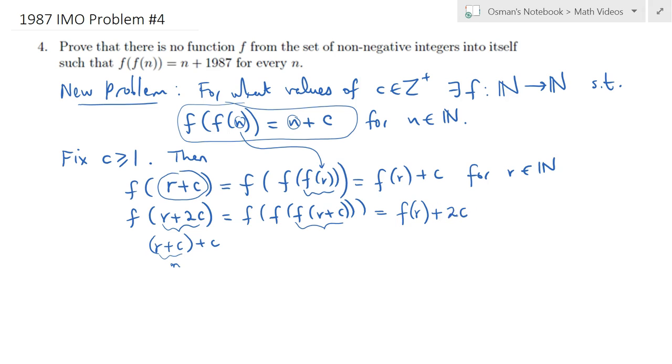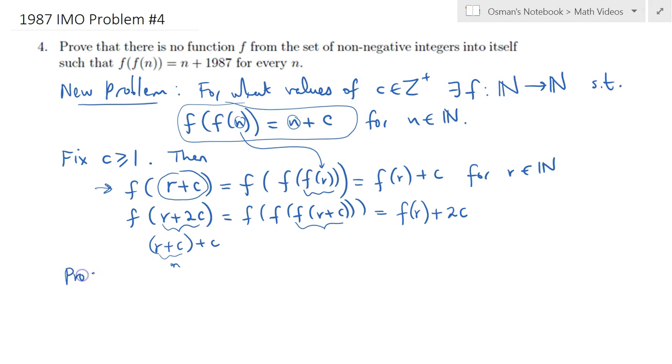Why? Because when we plug it in, it would just give us f of r plus c, but f of r plus c, previously we found out, was f of r plus c, so we would have f of r plus c, which is f of r plus 2c. So we can proceed inductively.